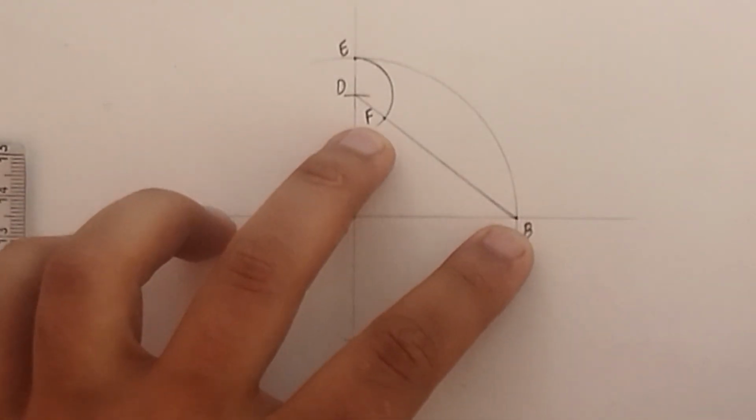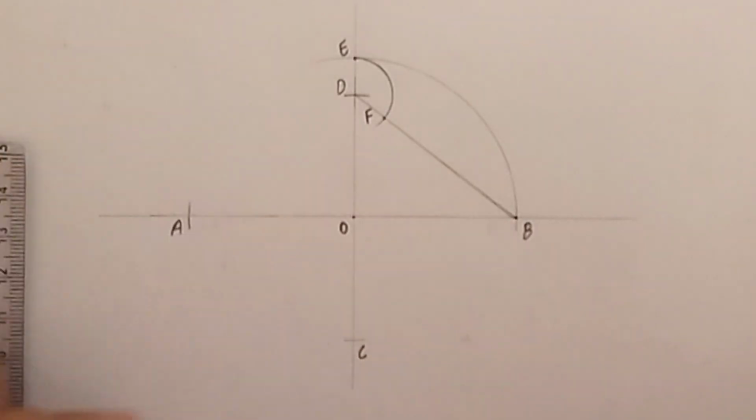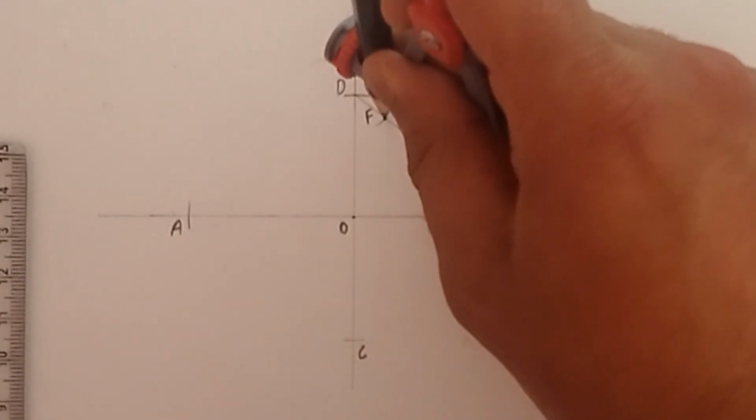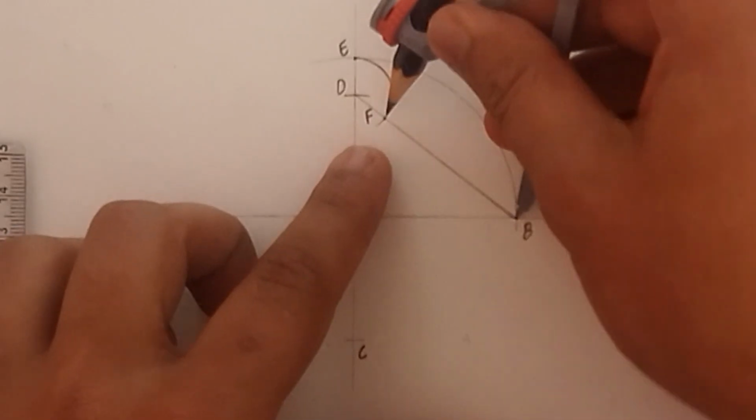Now bisect this line BF and construct a perpendicular bisector. So I'm going to bisect the line segment BF. Okay, remember that, BF, not BD.